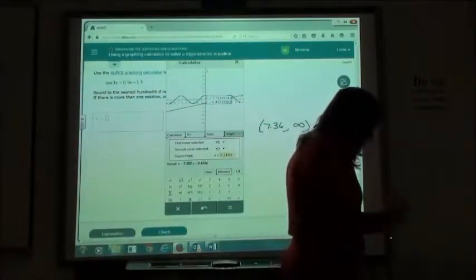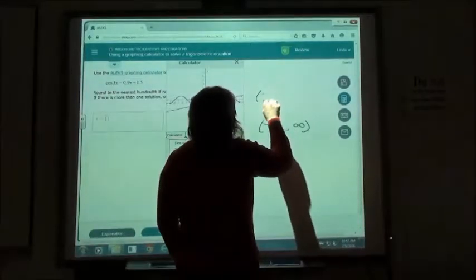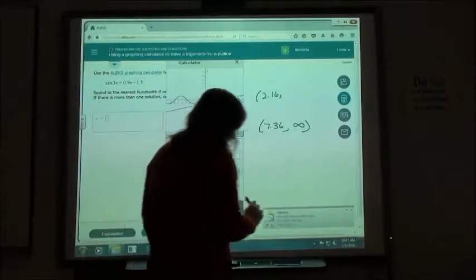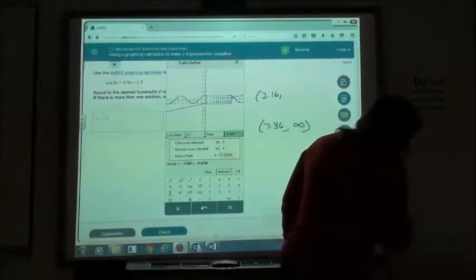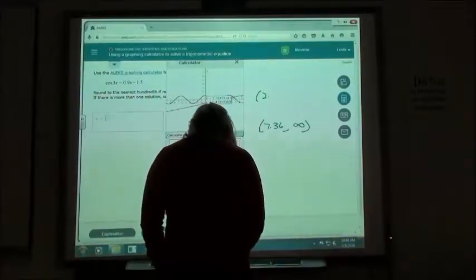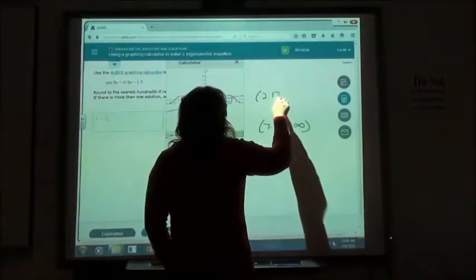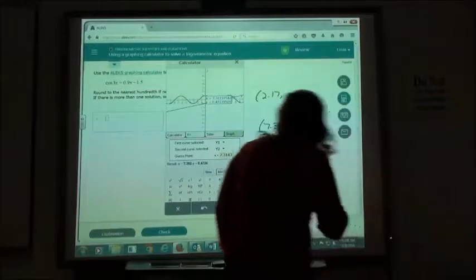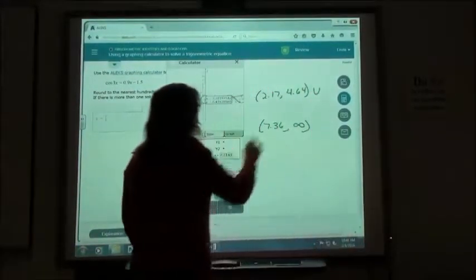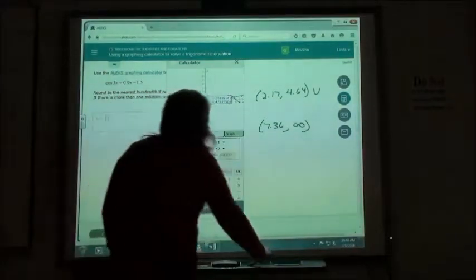So again, I'm going to have 2.17 to 4.64 union, and then 7.36 to infinity.